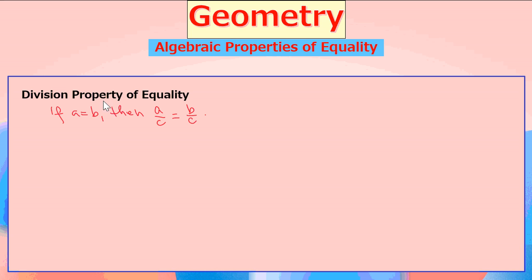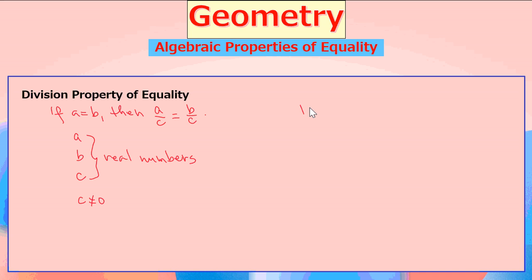Just like in multiplication property of equality, A, B, and C should be real numbers. And C should not be equal to 0 because any number divided by 0 is undefined.